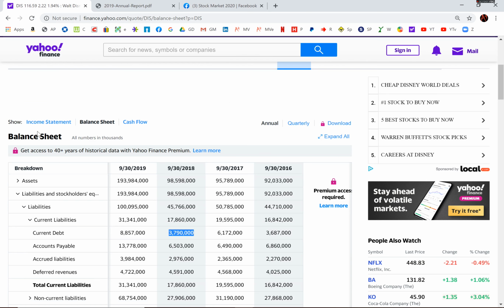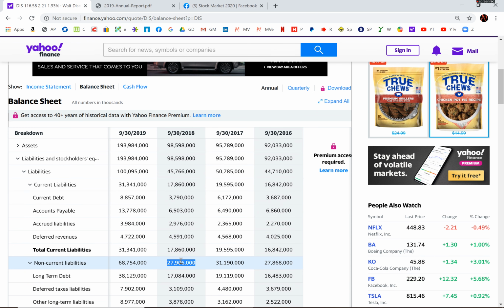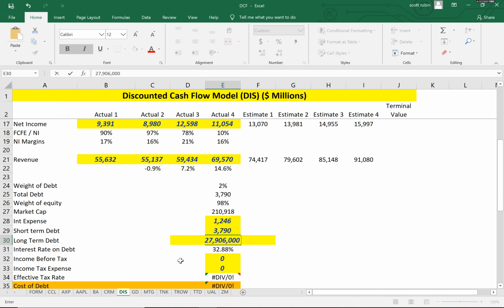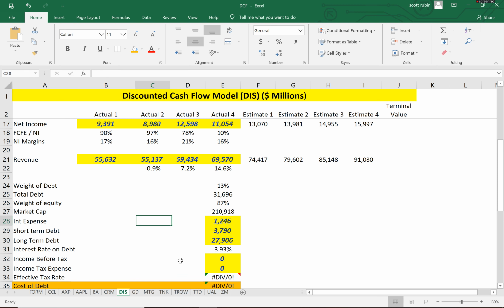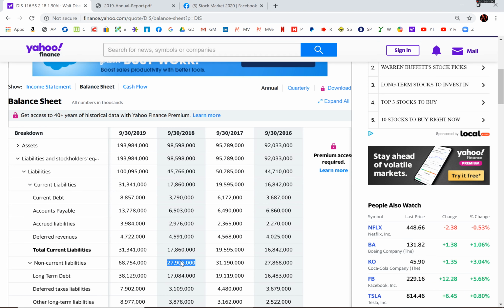And then long-term debt due beyond 1 year, which tends to be a lot bigger. It's 27 billion in their case. And I took the interest expense from the income statement already. They pay $1.2 billion on the debt. So they pay 3.93% interest on the debt, which looks about right. That's a number I would expect Disney to pay.